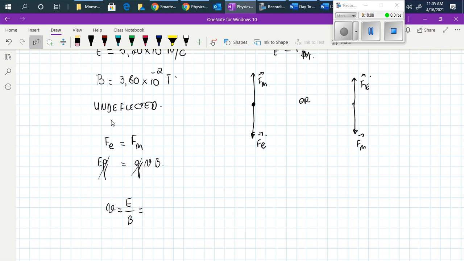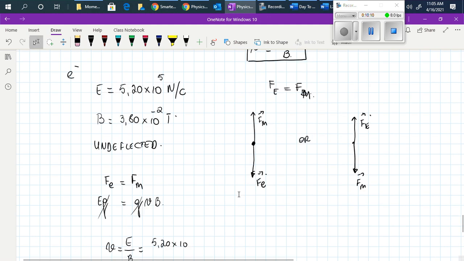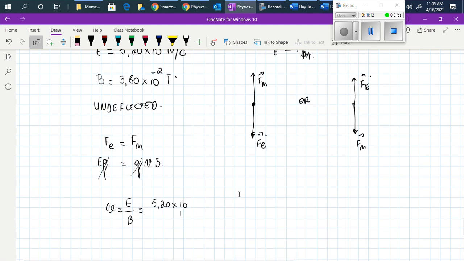In our case, it will be 5.20 times 10 to the power of 5, over 3.80 times 10 to the power of negative 2.